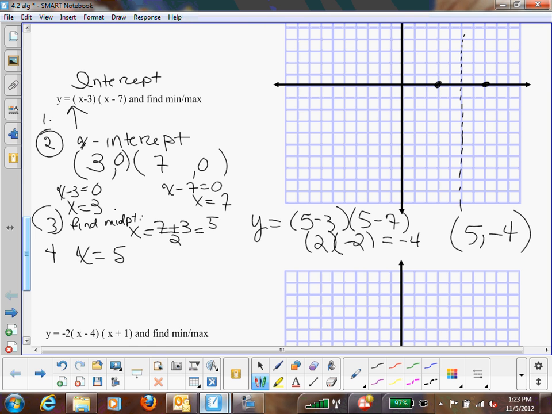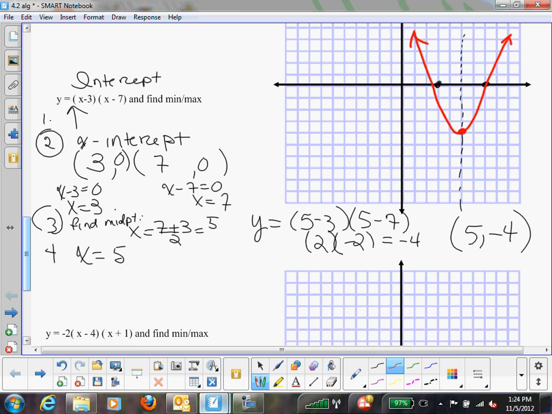Now, didn't we know that it had to be in the 4th quadrant? Why did we know that it had to be down here and not up here? Because our graph opens up. That means somewhere down here. If it was up here, our graph would open down, wouldn't it? Okay? So our vertex is at 5, 1, 2, 3, negative 4.